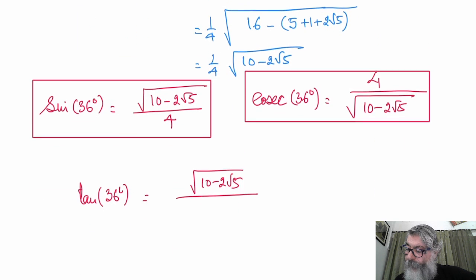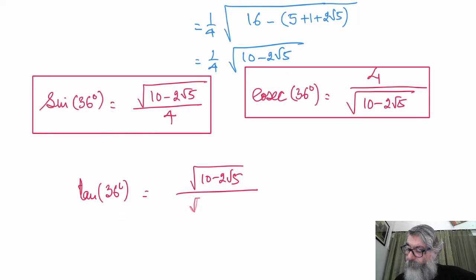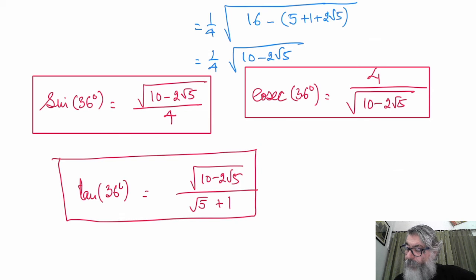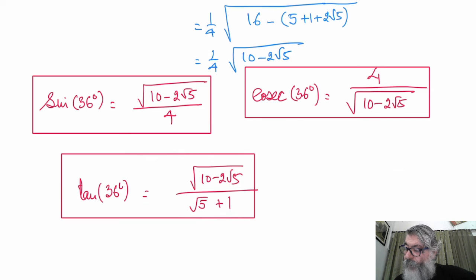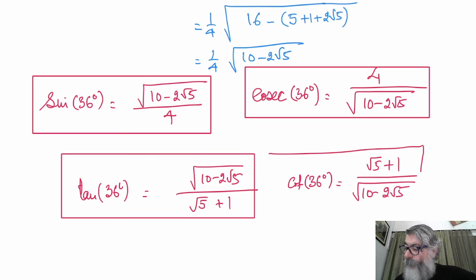Sin 36 upon cos 36. And cot 36 will become equal to root 5 plus 1 upon under root 10 minus 2 root 5. So it will become this.